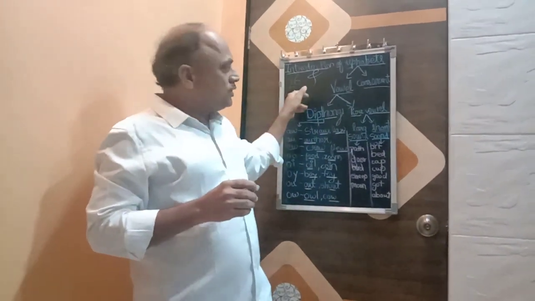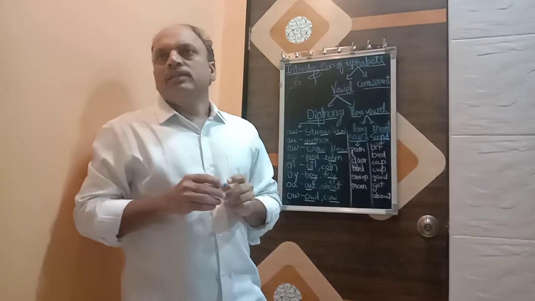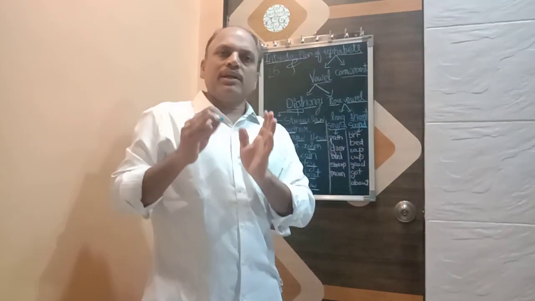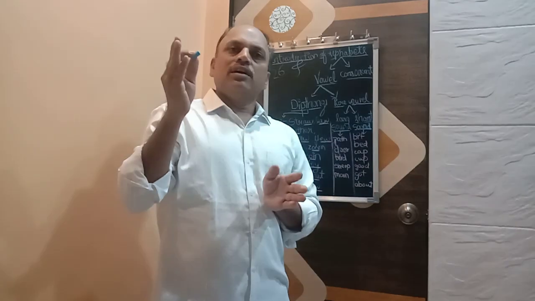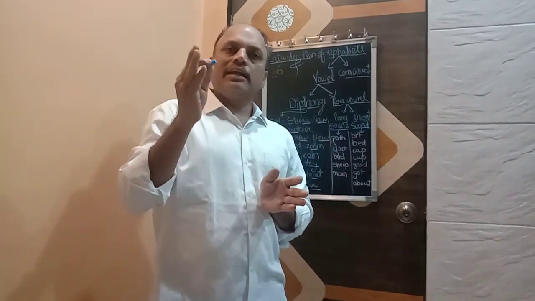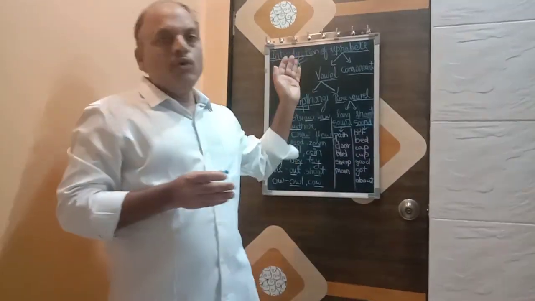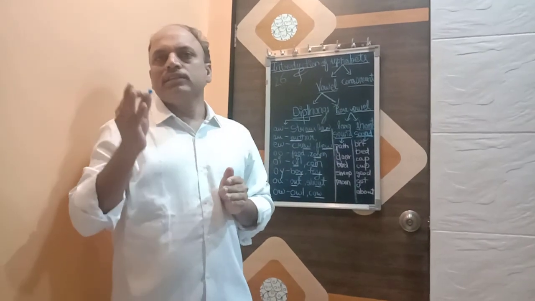These 26 alphabets in uppercase are called uppercase or capital alphabets, and in lowercase they are called small alphabets.